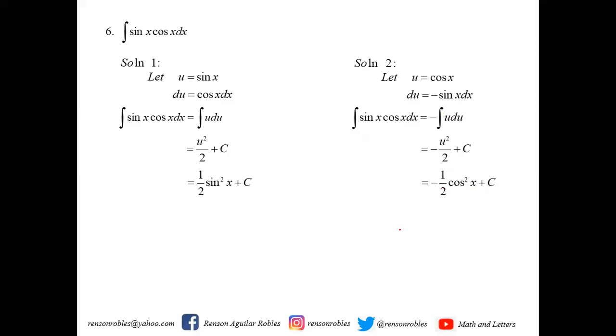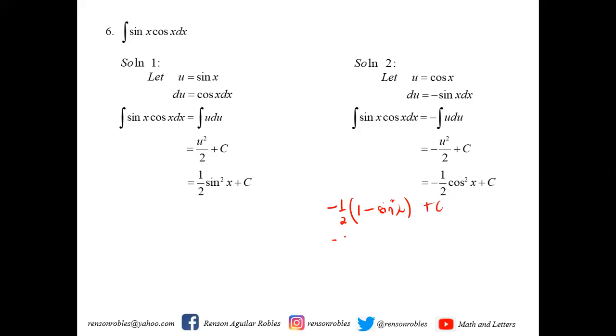Okay, comparing these two answers, we can now say that they are not equal. However, by simply using the square identity, let me just show it to you. So you have negative 1/2 times cosine squared x, which is 1 minus sine squared x, and then you add c.